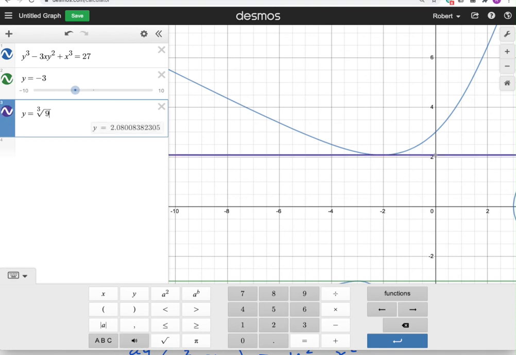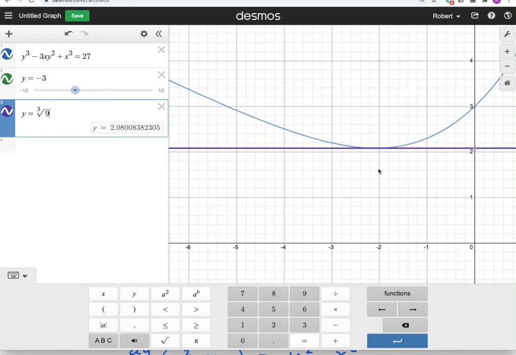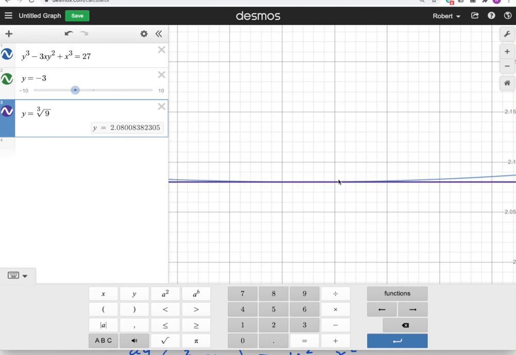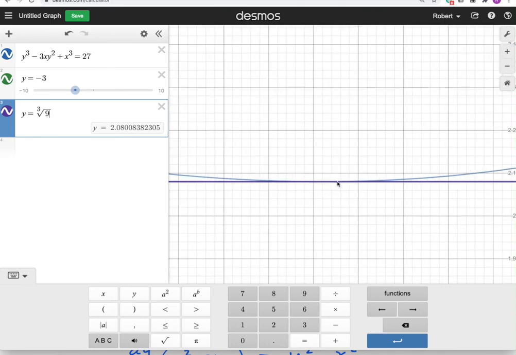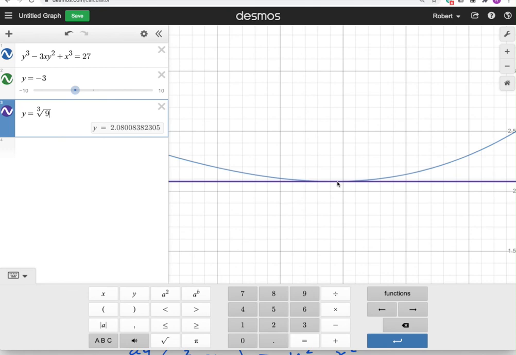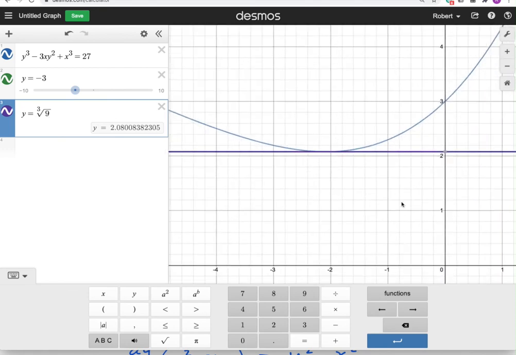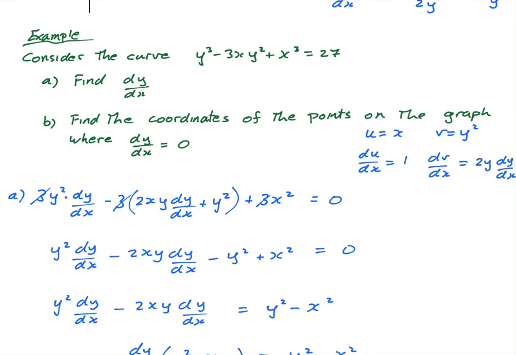You can see there that we have a tangent when y is equal to the cube root of 9, and x is the cube root of negative 9, which is the same as negative the cube root of 9. Okay, that's it. That's implicit differentiation. Hopefully that made sense. Any questions, as always, let me know.